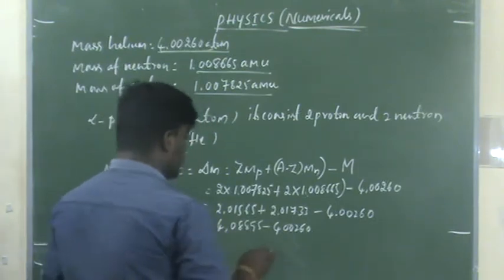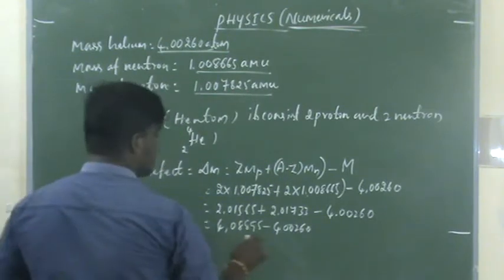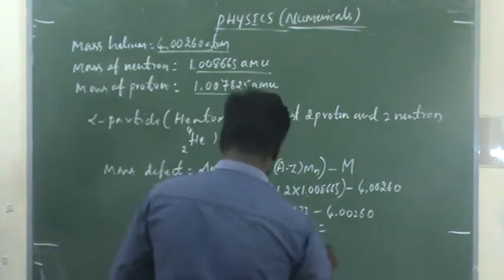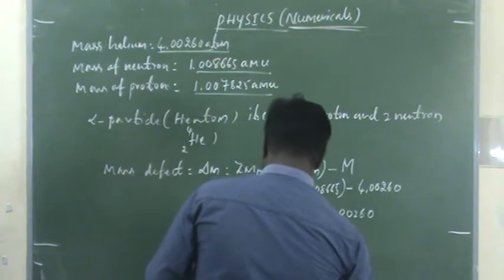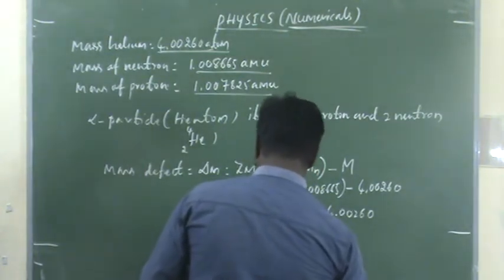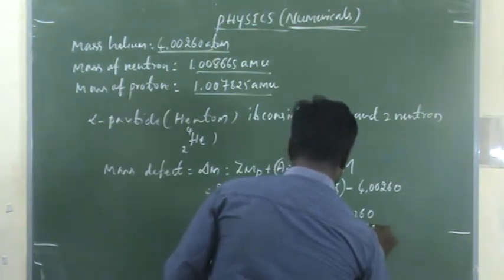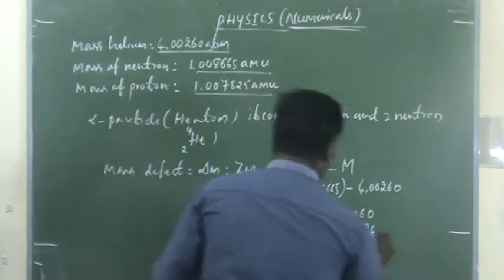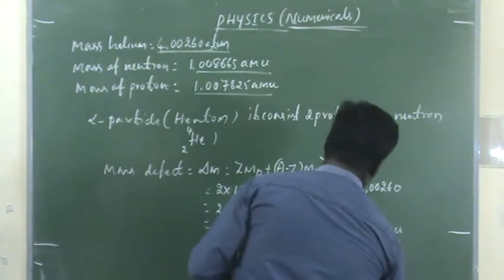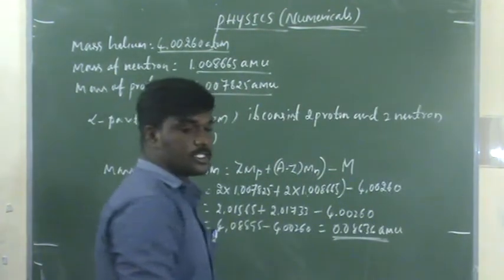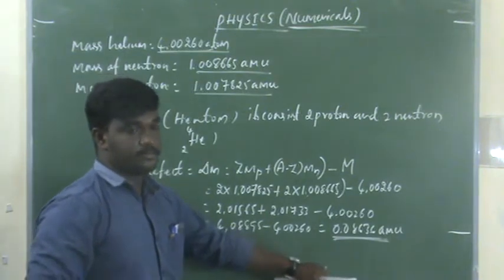So the mass defect is 0.03038 atomic mass unit. This is the mass defect of alpha particle.